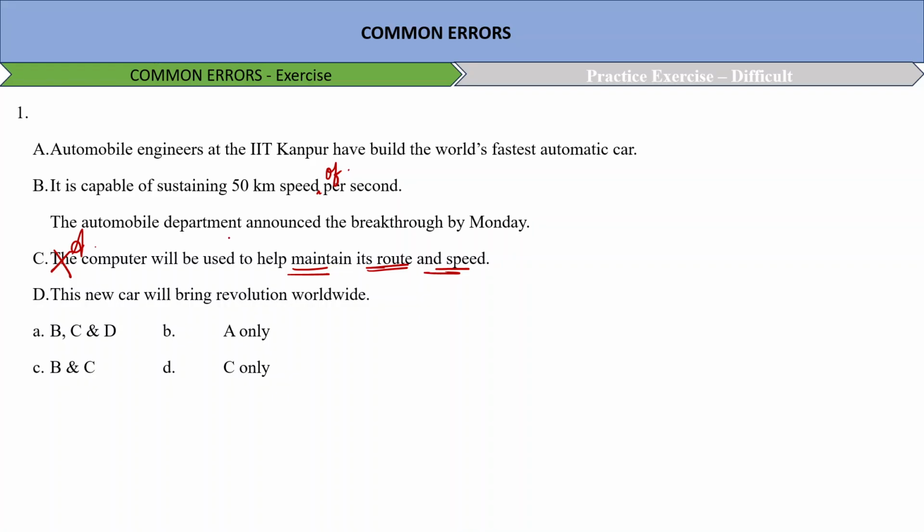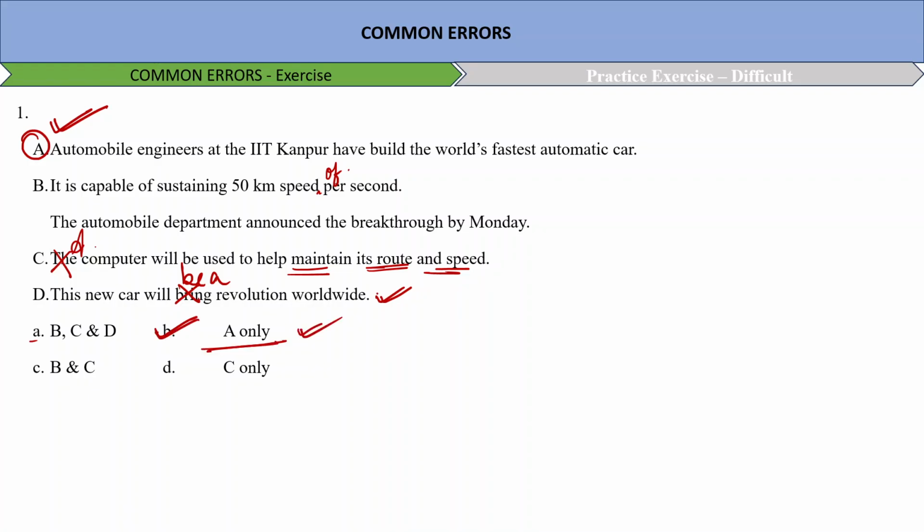In general, a device, computer as a device, will help. Now, this new car will bring revolution worldwide. This new car will be a revolution worldwide, not bring. So the only correct sentence is sentence A, and that is in option B. Hence, option B is my correct answer for question number 1.